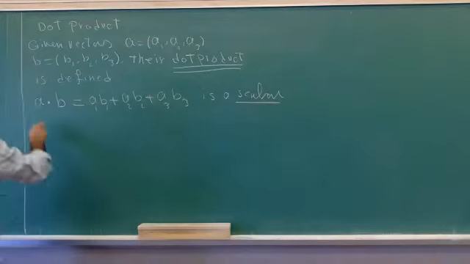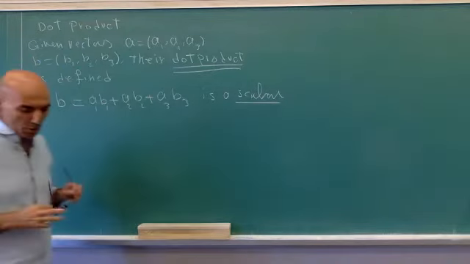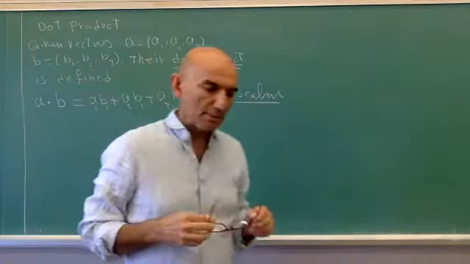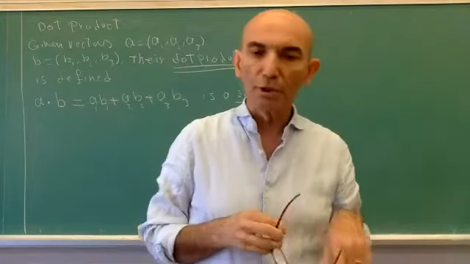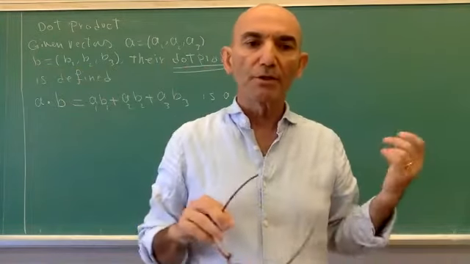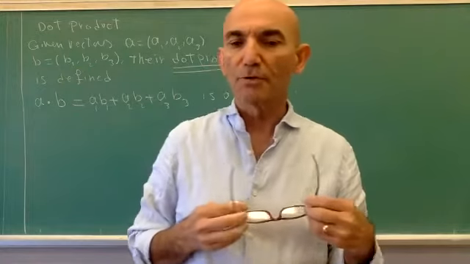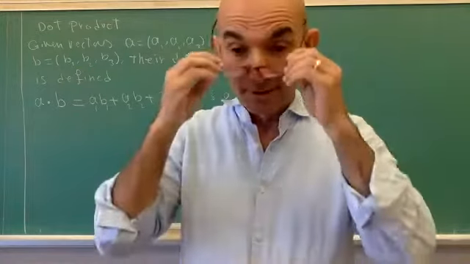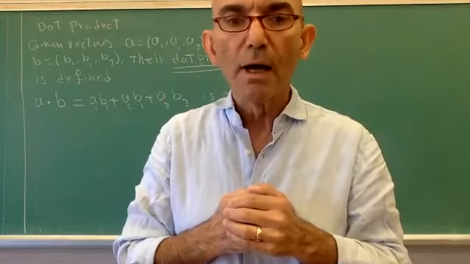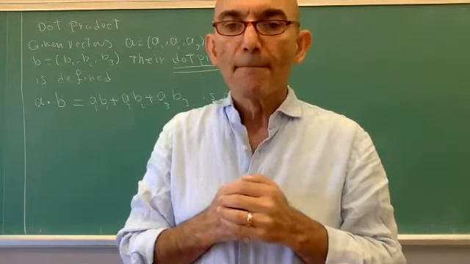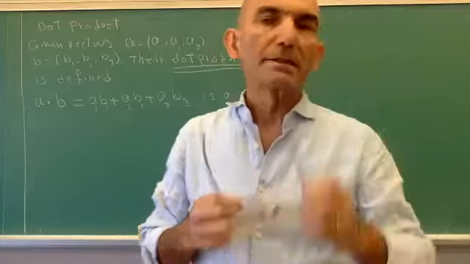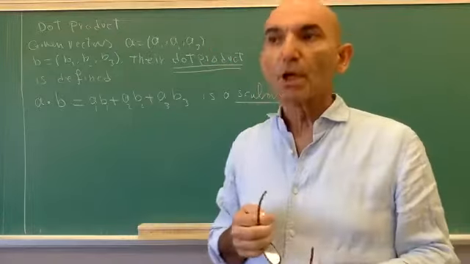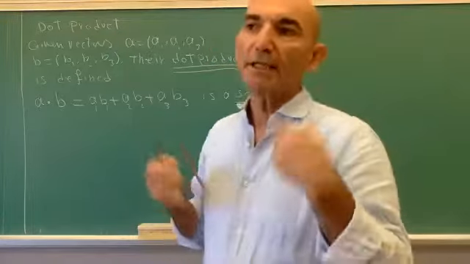So there is another notation and terminology for dot product that's also in use. Can you tell me what other notation or terminology for dot product maybe you have used in physics or some other courses? Have you seen this at all? Yes, exactly. It's called a scalar product, or inner product in linear algebra.